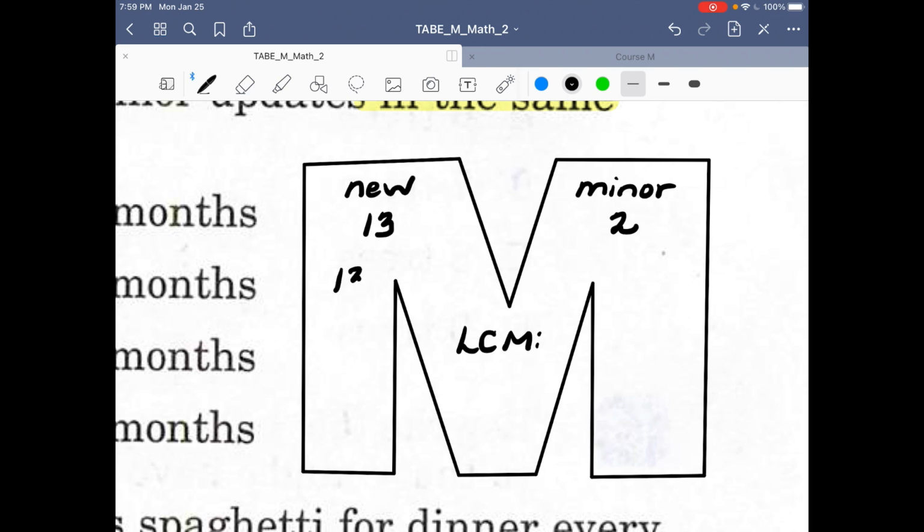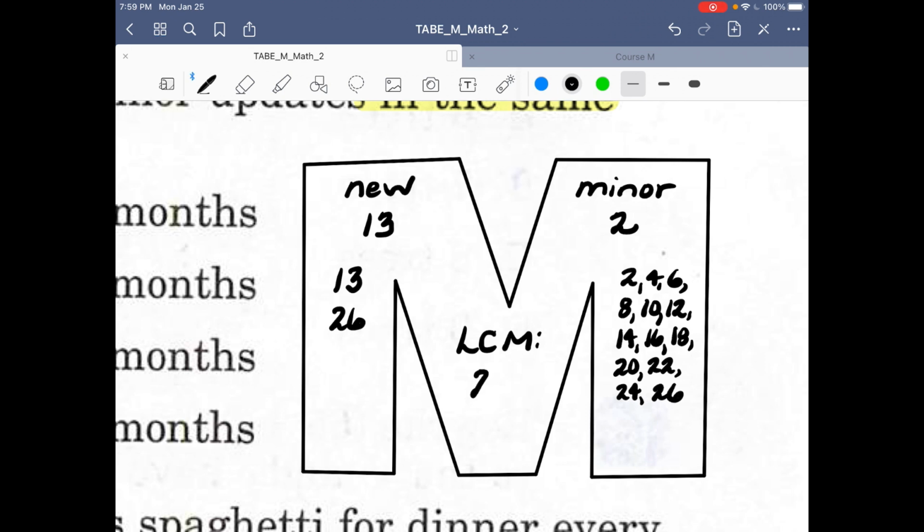So I have 13 and then 26. That ends in an even number, so I know that 2 will work. If you want to see the multiples, this almost feels like a waste of time, but I want you to see where I'm getting these things. 22, 24, 26.